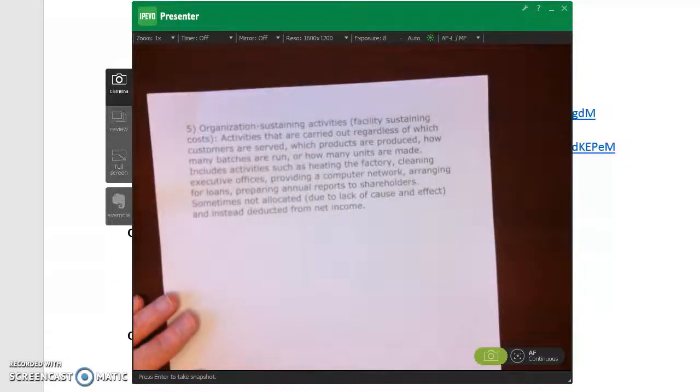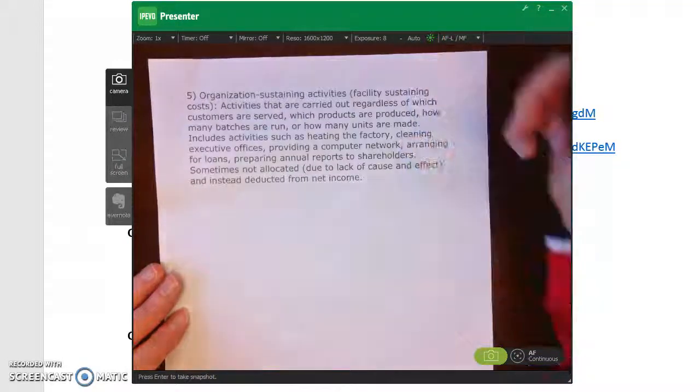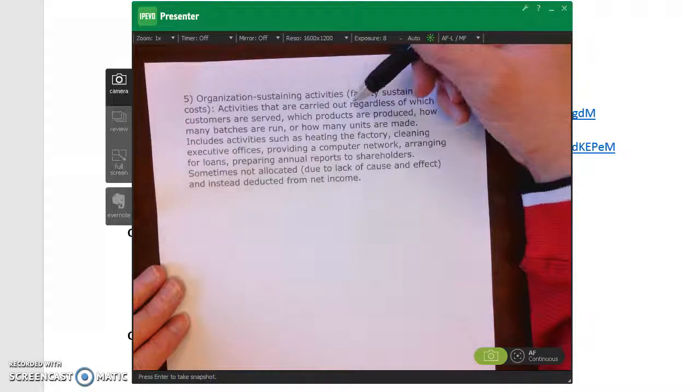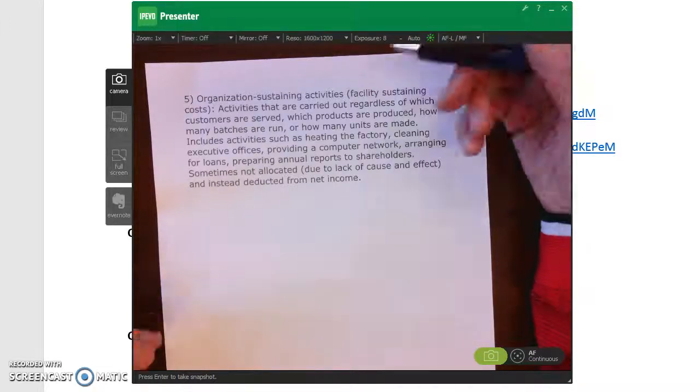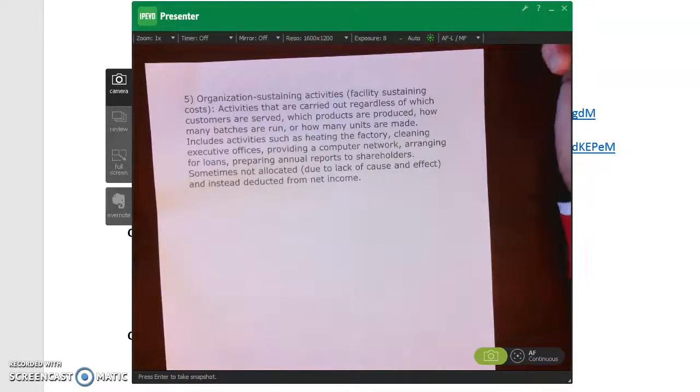And then the last one that we have over here is organization sustaining activities. These are activities that would be carried out regardless of how many customers are served, how many products we make, how many batches we run. So basically just overall costs that we would incur regardless of what we're doing in the company.